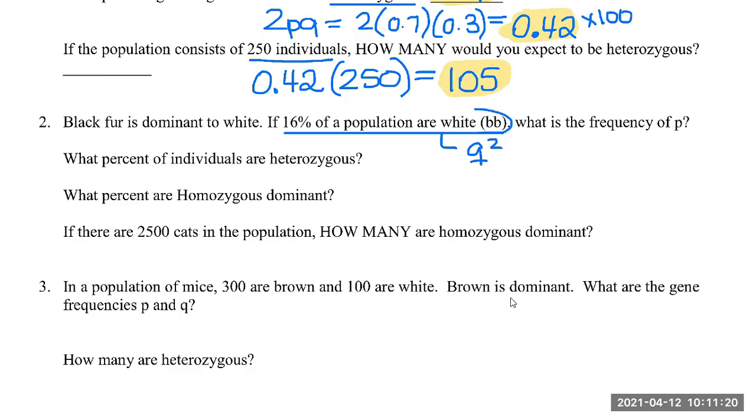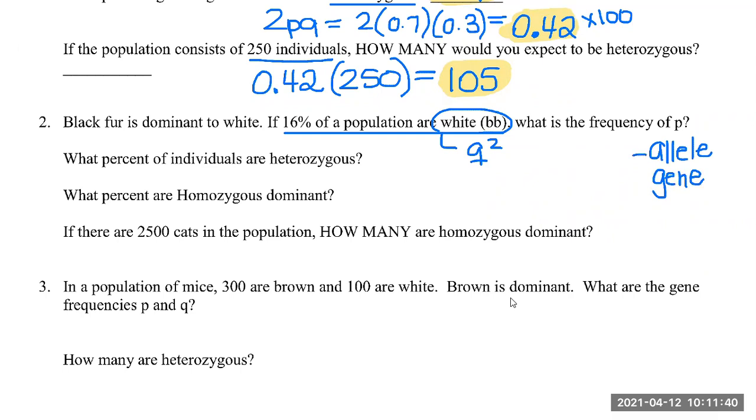And they're telling me that they are little b. If I was being asked for Q, or if I was being given Q, it would say that the frequency of the recessive allele is 16%, or 16% of individuals carry a copy of the recessive gene.